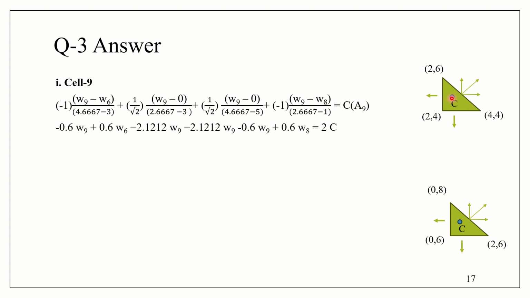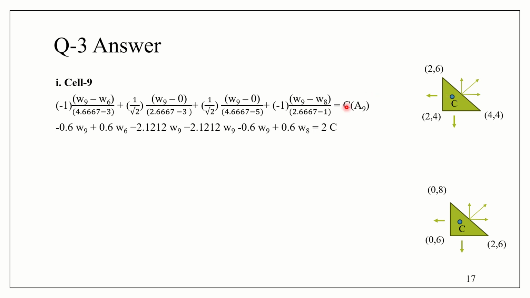So it is 2.67, and here it is 4.67. So 2.67 minus 3, where 3 is the midpoint, and 4.67 minus 5, because 5 is the midpoint. That midpoint is 3 comma 5, and we are calculating from there to there.